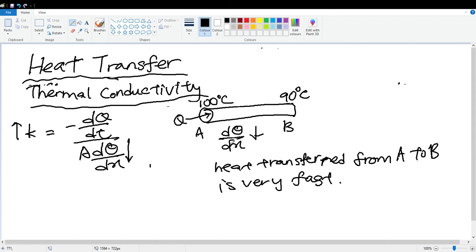If we represent this in a graph, we get a straight line which is less steep. The less steep graph shows that the temperature gradient is smaller. So the smaller the temperature gradient, the higher the thermal conductivity. I can conclude that this conductor is a good heat conductor.